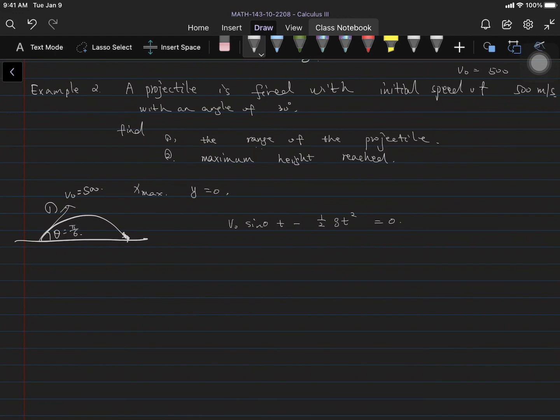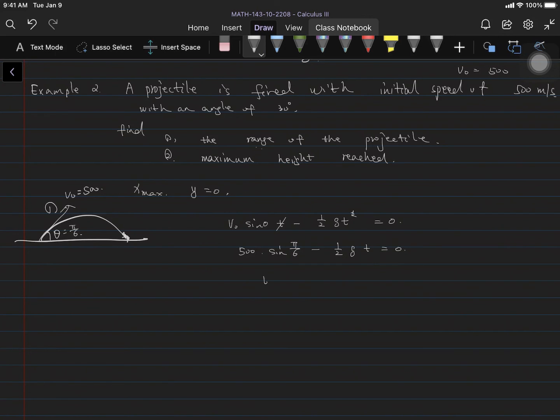We solve for t. We can cancel the t, and then plug in v0 500, sine 30 degrees minus 1/2 g t equals 0.